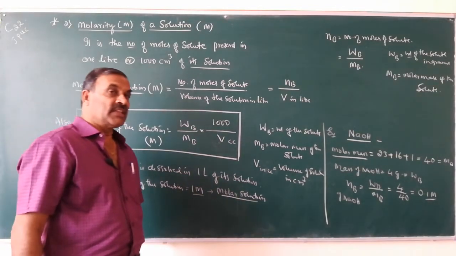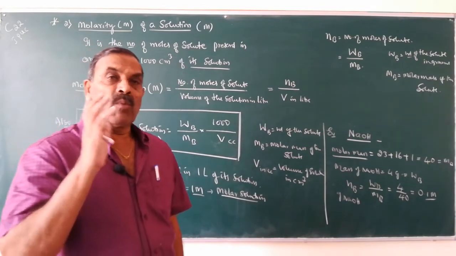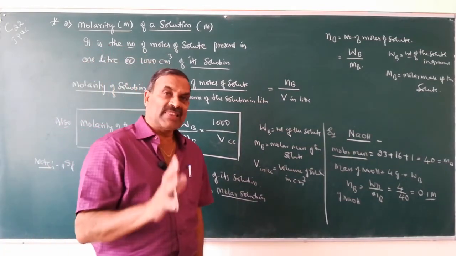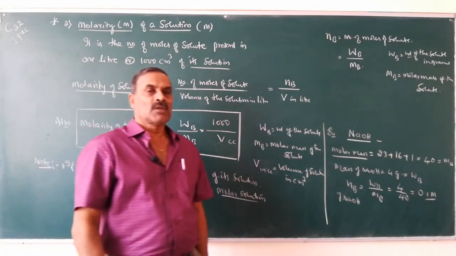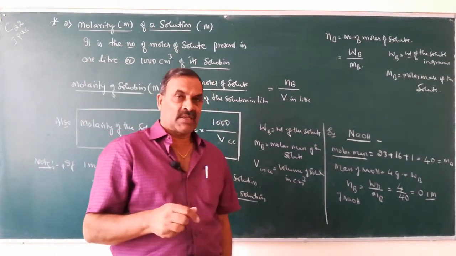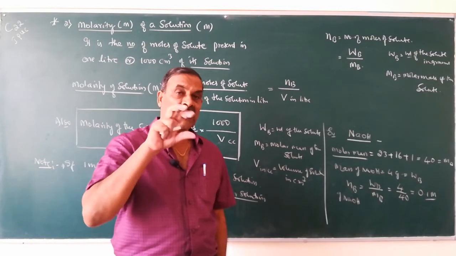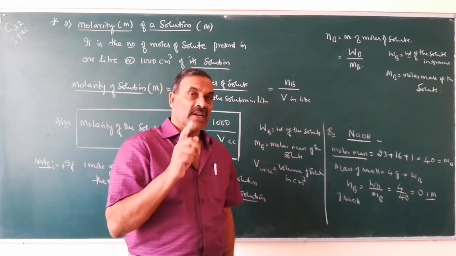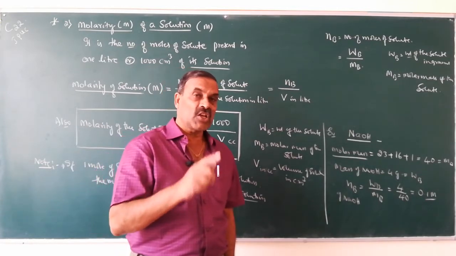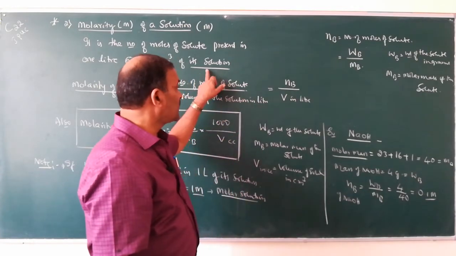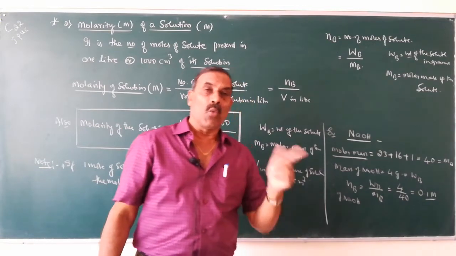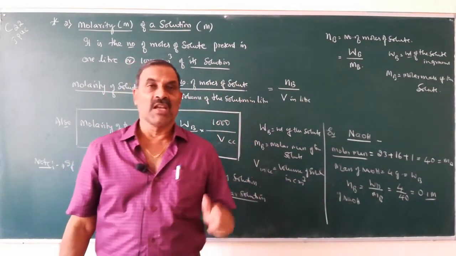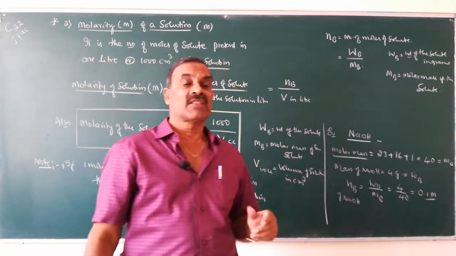So what is the definition of molarity? Molarity is one of the methods of expressing concentration of solution. Number of moles of solute dissolved in 1 liter of its solution. This is very important. Number of moles of solute dissolved in 1 liter of its solution gives molarity of the solution.